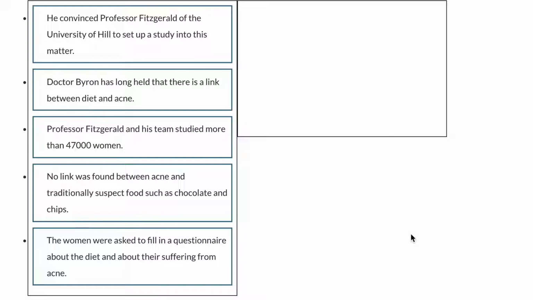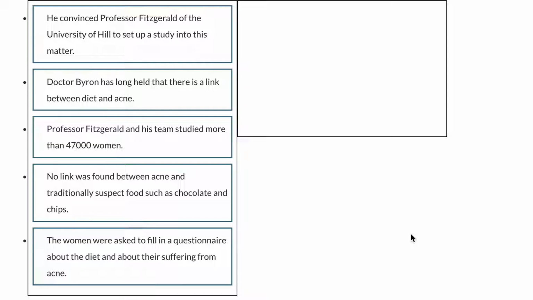If you look at this question here, I can see that there are two sentences which have names, and then there is one more which says, he convinced Professor Fitzgerald, and no link was found, and the women were asked to fill in a questionnaire. So while skimming through these sentences, I have had an idea that this is about research. And that's why now it will be a little easier for me, because I know logically in what order research is done.